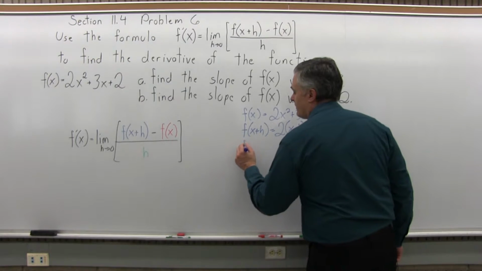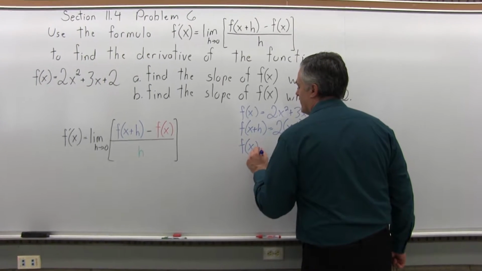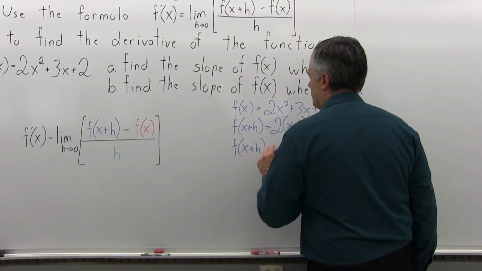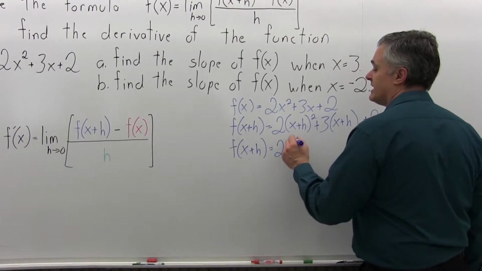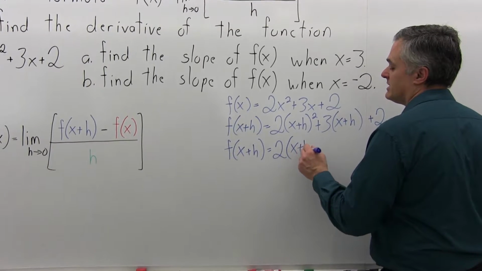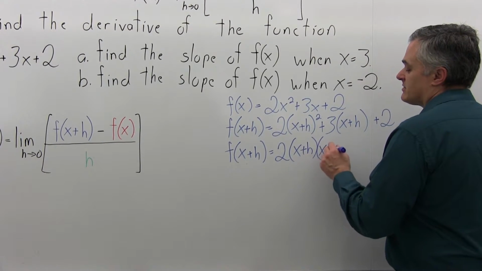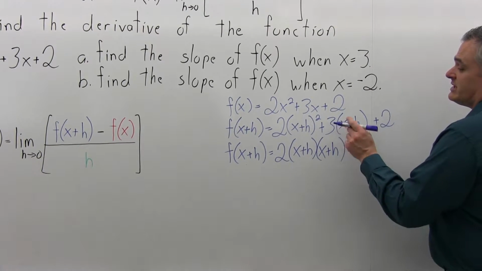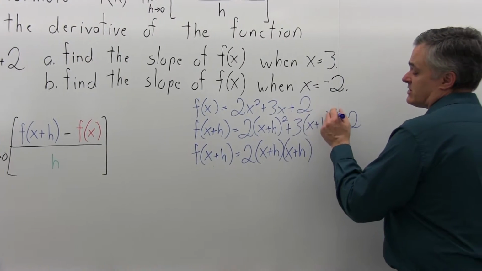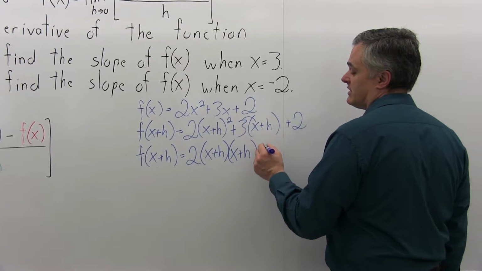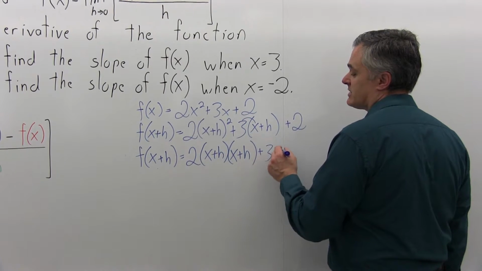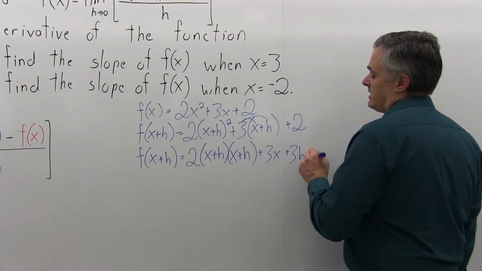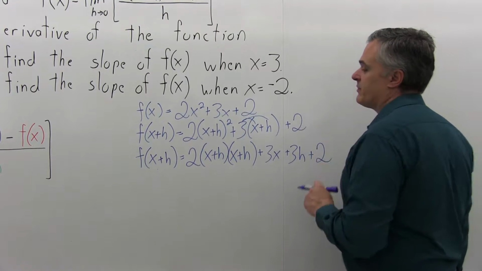So f of x plus h equals 2 times x plus h second power, which is x plus h in one set of parentheses times x plus h again in a second set of parentheses. And now the 3 times x plus h in parentheses has no second power, so I can just distribute the 3 in there. 3 times x is 3x, 3 times h is 3h, and the plus 2 on the end just stays plus 2.